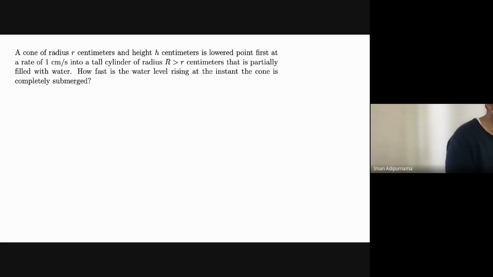And it's lowered to a cylinder with radius r, and it has water. Of course, you have a cylinder, you have a cone.